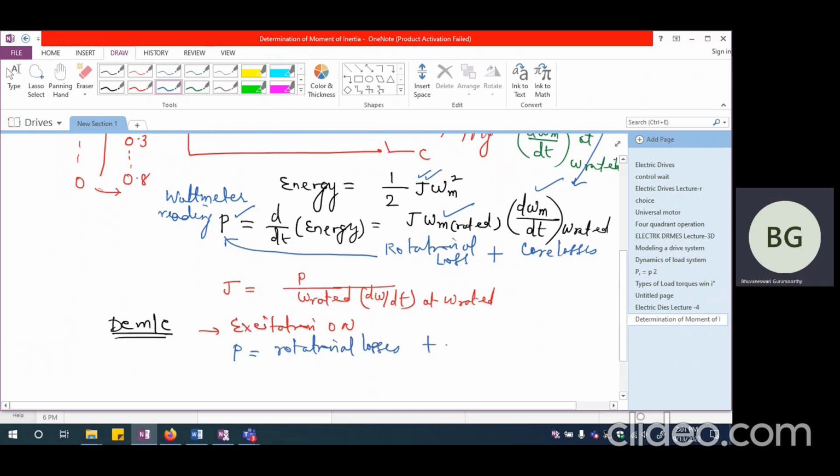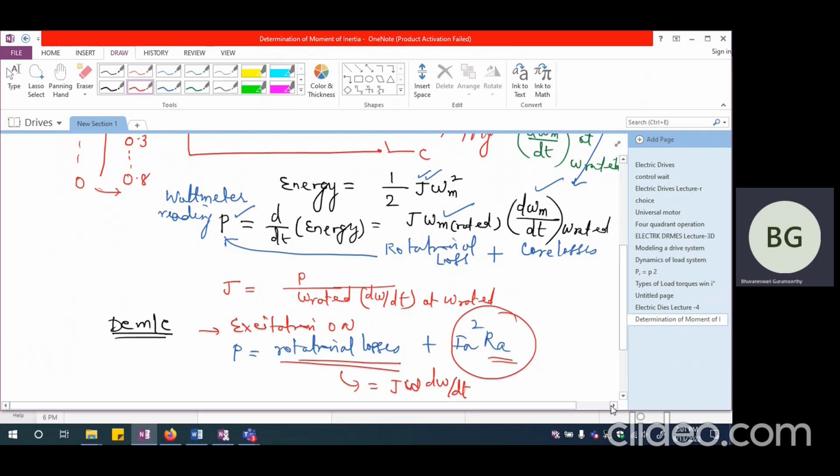So armature losses will be IA square RA. It is quite easy to compute IA square RA because most of the time we will know the armature resistance and we can measure the armature current. So P minus IA square RA will automatically give me rotational loss, and I can use this rotational loss equal to J omega d omega by dt, from which I should be able to get the value of J.